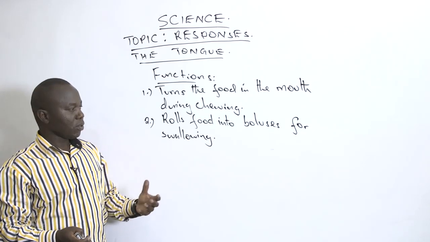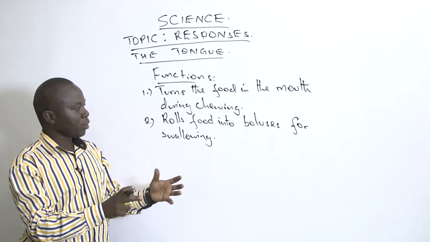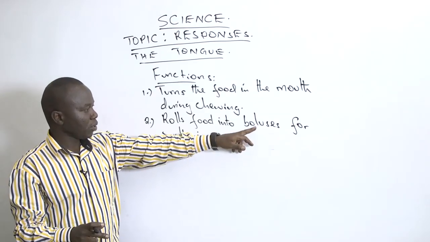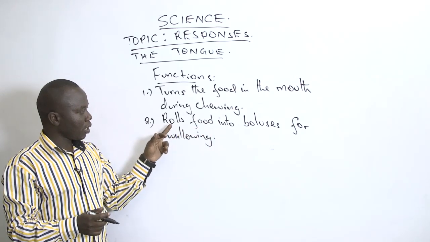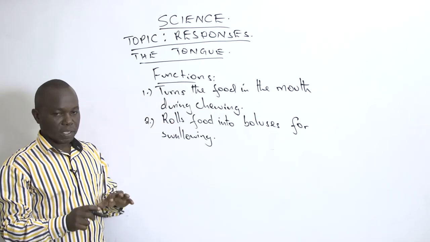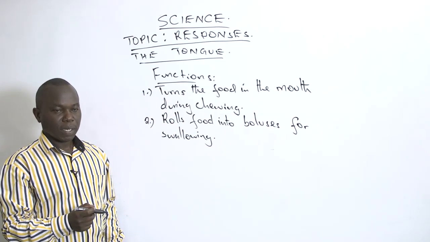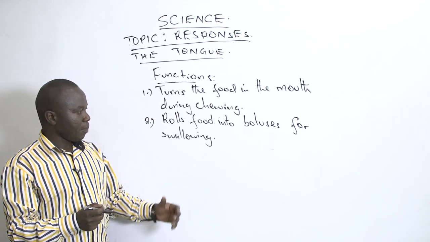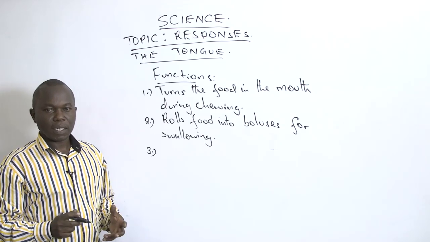Now, as food is swallowed, it's not just swallowed in an amorphous shape. There are small balls of food. We call them boluses. So those boluses usually result from the activity of the tongue rolling the food into boluses.